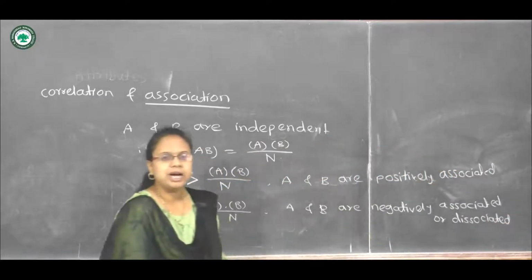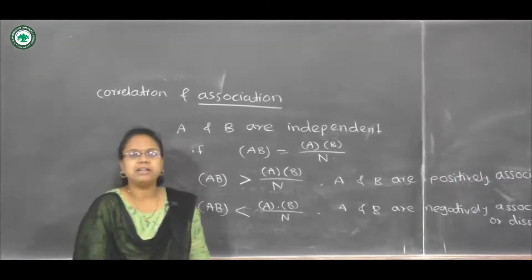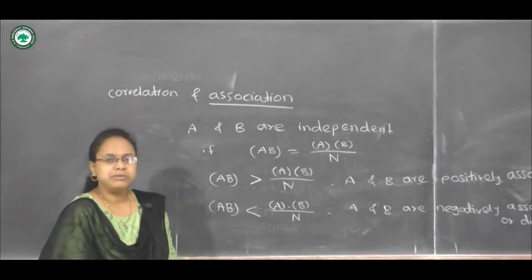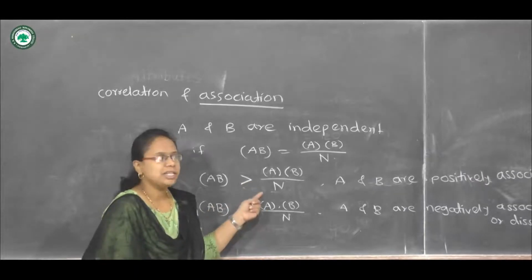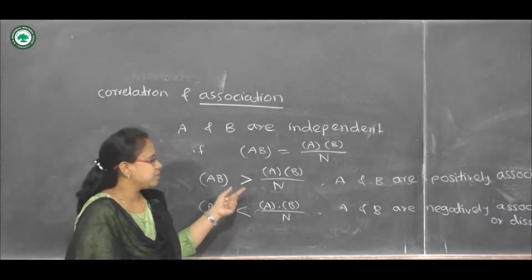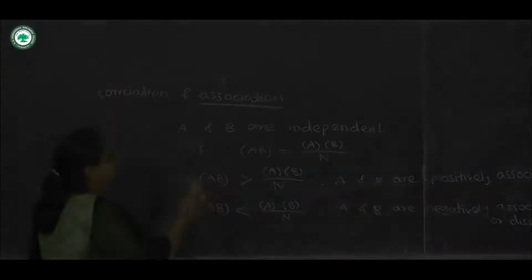So here we are learning the concept of association and dissociation between the attributes. These are the conditions where we say that the attributes are associated or dissociated with each other.